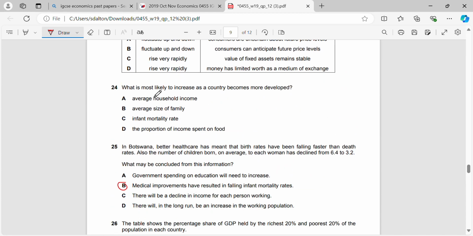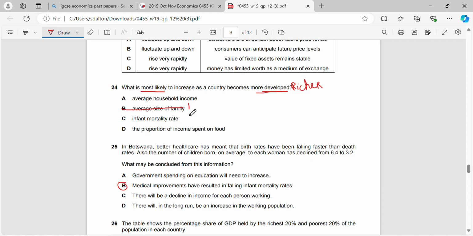So 24, what is most likely to increase as a country becomes more developed? So remember, more developed means that the country is becoming richer. Okay, so is it likely that the average size of a family will increase?